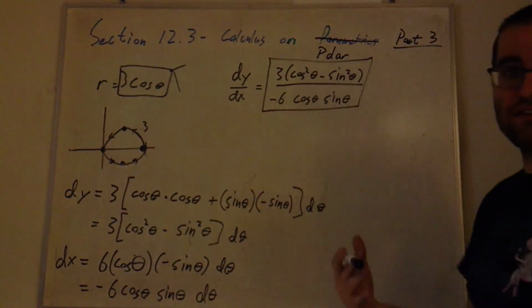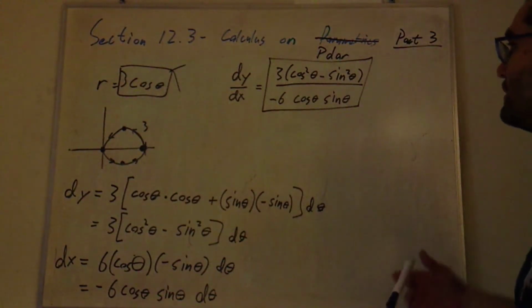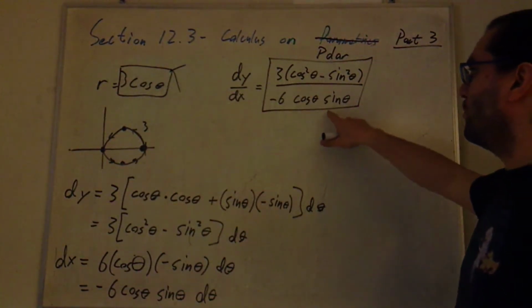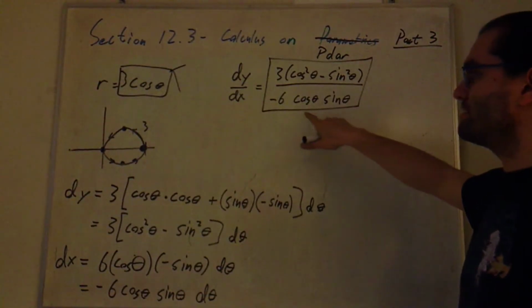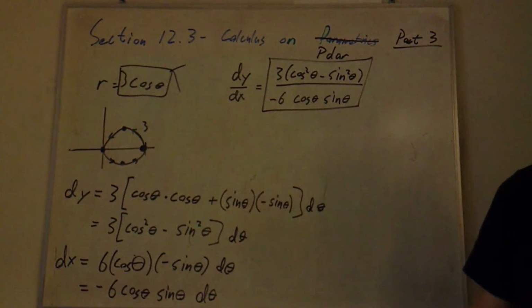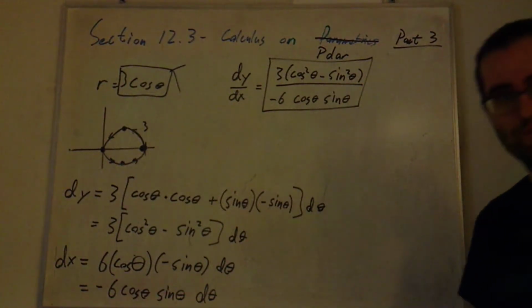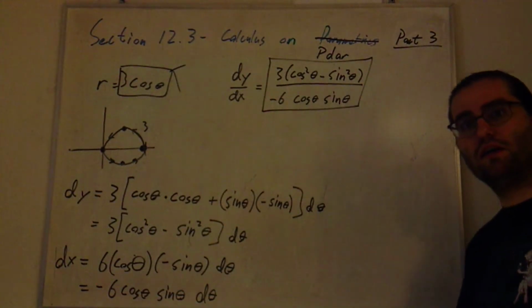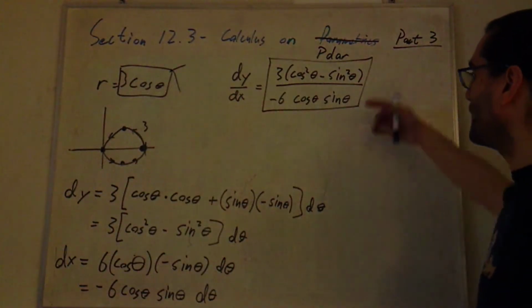So I'm going to ask questions like, where is the derivative 0? Where is the slope equal to 0? And we can solve that by looking at this.